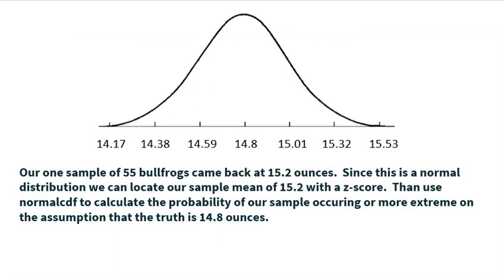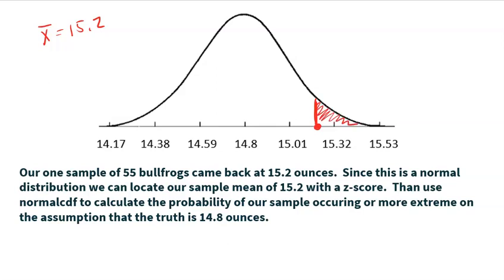Okay, back to our sampling distribution for bullfrogs. Our one particular sample came back at 15.2. This is just one sample. 15.2 is somewhere around here. Now, I want to figure out, since this is the normal model, what's the probability of my sample occurring or more extreme.